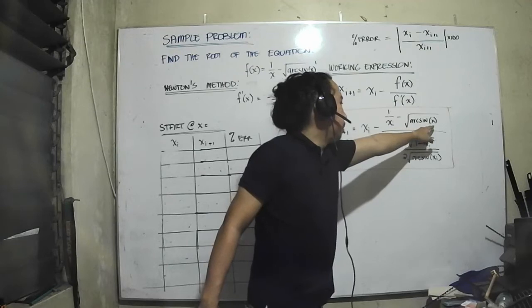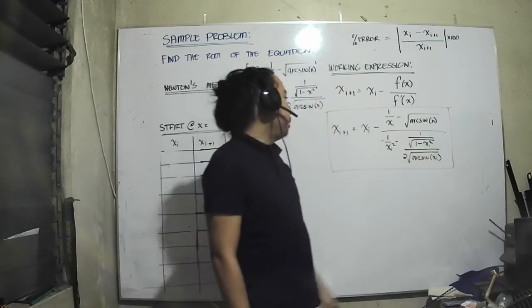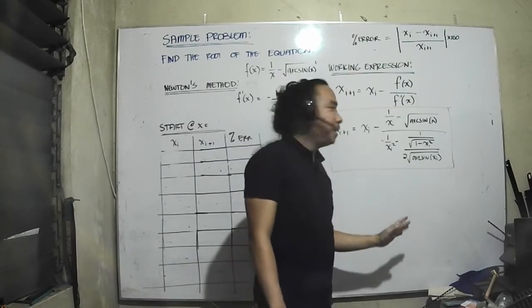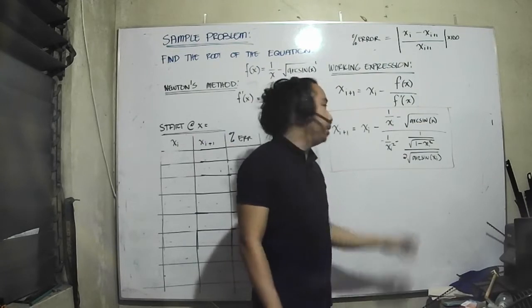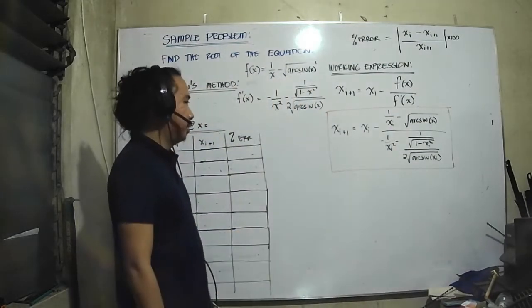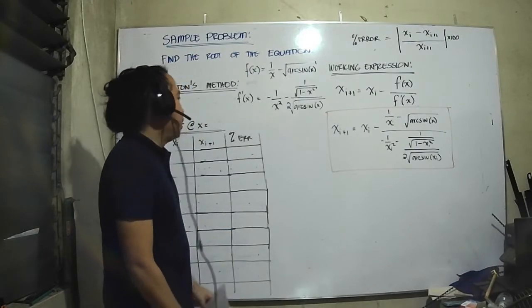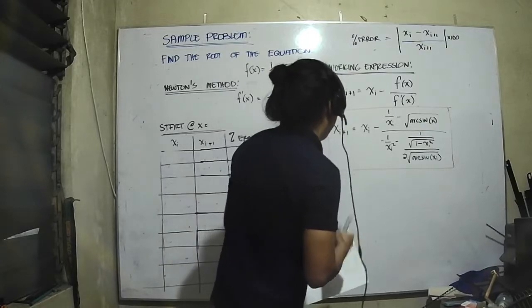Always keep in mind that you must use radians. If it's in degrees, your calculations are dead. Make sure your calculator is in radians when you're dealing with trigonometric or transcendental functions. Anyway, we just need to cycle through this.